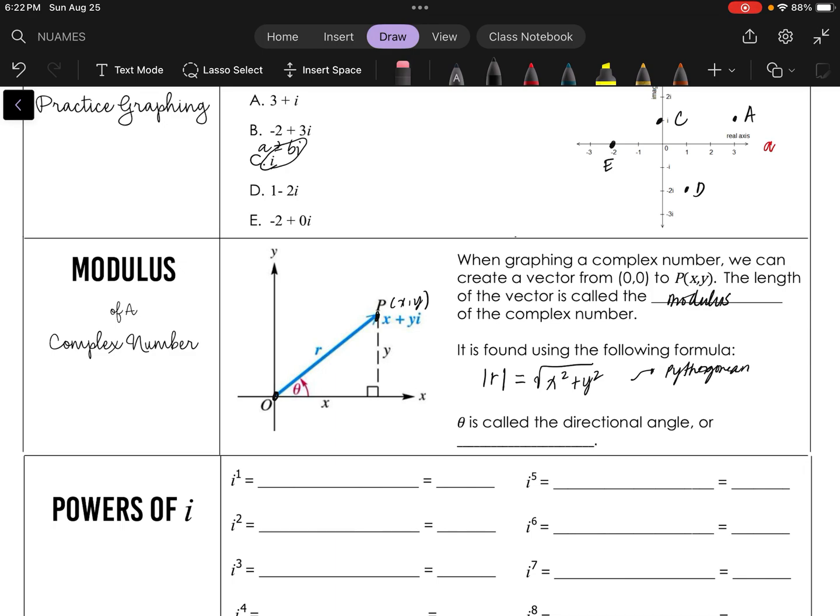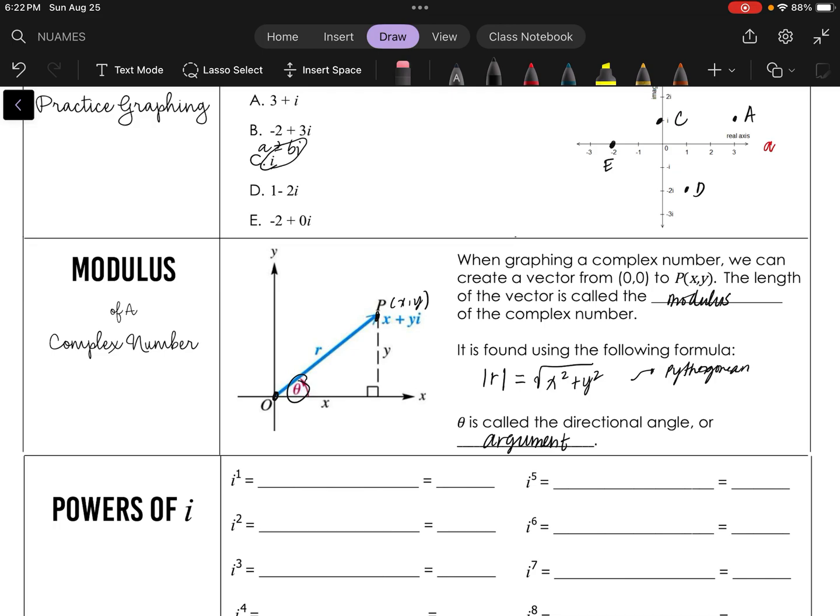Now the angle that you formed here is called the argument. So this angle here is what we call the argument. Now angles in relation to this topic will not be further discussed, but probably when you go to trig, you will be covering some of that. Okay? So again, this is how you solve for the modulus of a given complex number.